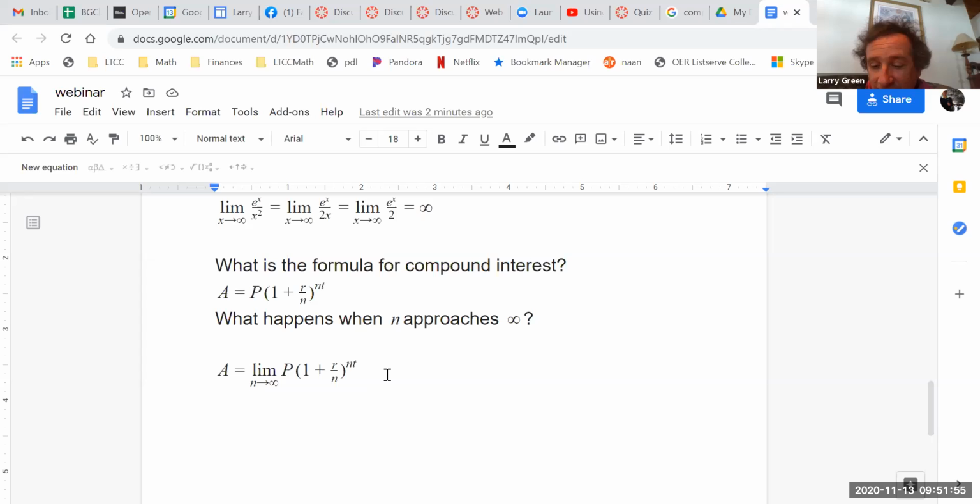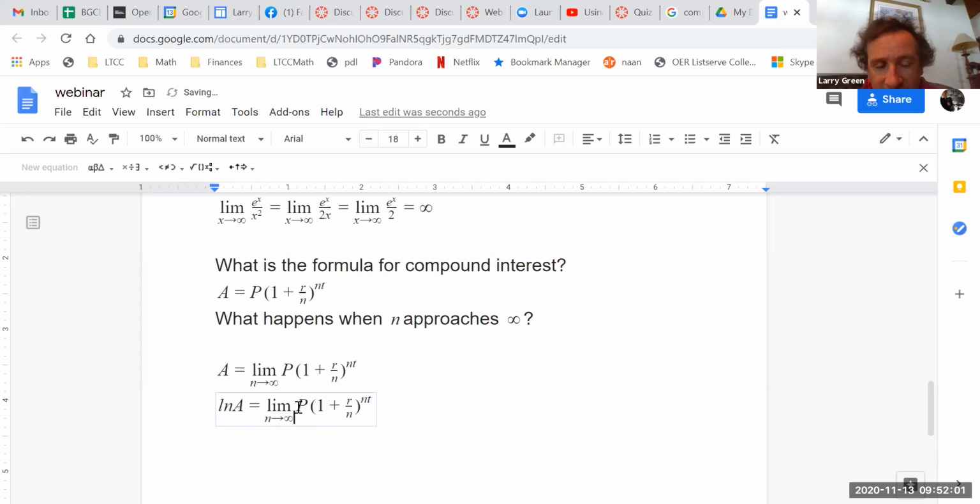All right, so here is the trick. I am going to take a log of both sides. Log is a continuous function, so it can get put through the limit. So I'm going to take the natural log of both sides. And by the way, the natural log of p times something is the natural log of p plus the natural log of the something.